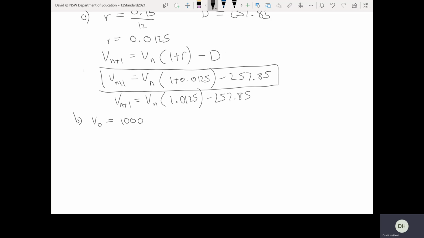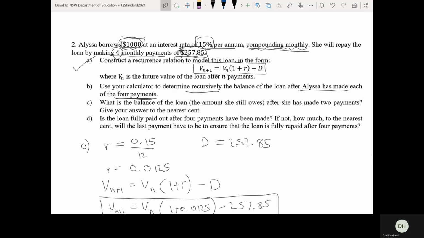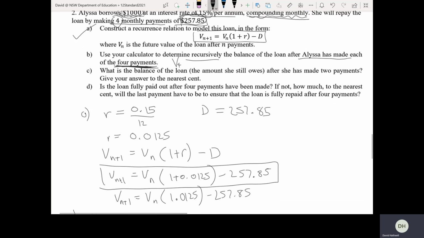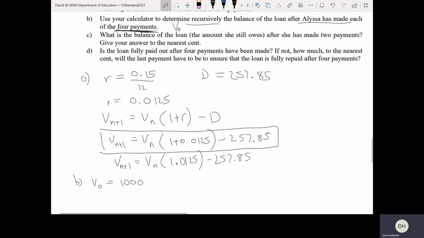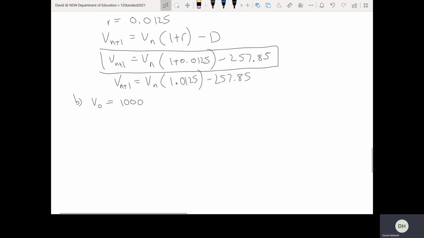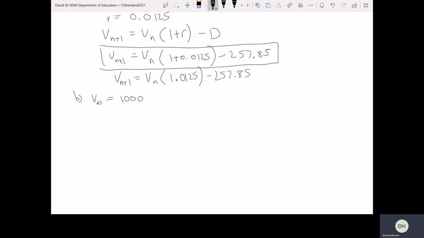Okay, and now I want to work out after I've made 4 payments. Well, that's going to be V sub 4, because this subscript tells me after how many payments. So I need to work my way up from V sub 0 to V sub 4, one step at a time using the rule. If this is V sub 0, the next step will be V sub 1.